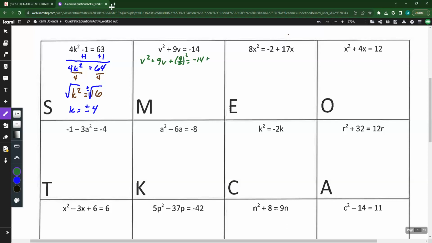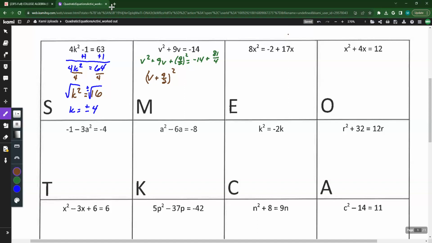And then whatever I add to this side, I have to add to this side. So this is going to be plus 81 over 4. So that doesn't look so great because I have to deal with the fractions, but I can deal with the fractions. So this side is just going to be v plus 9 halves squared, because that is the way that we have a perfect square trinomial.